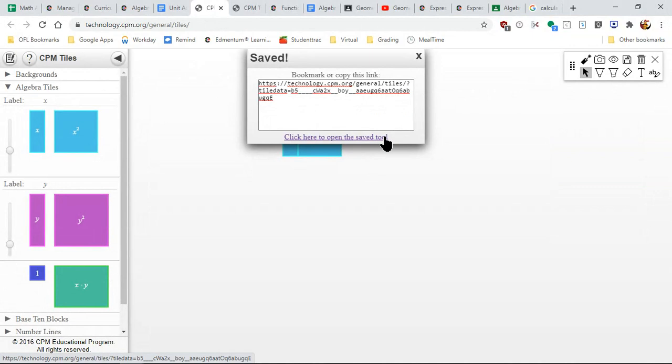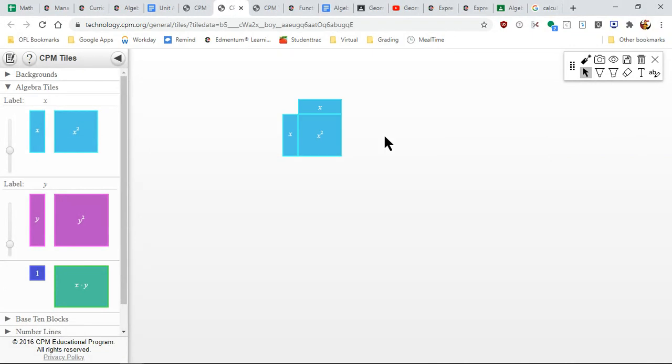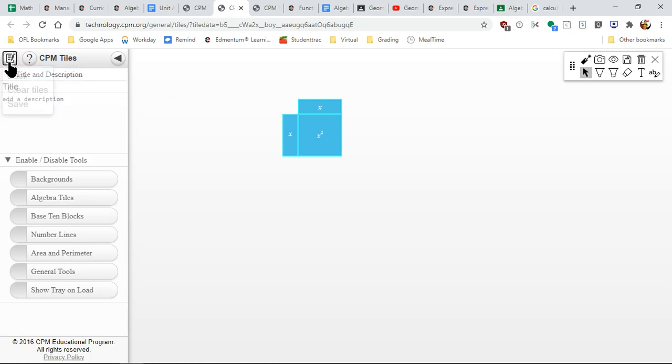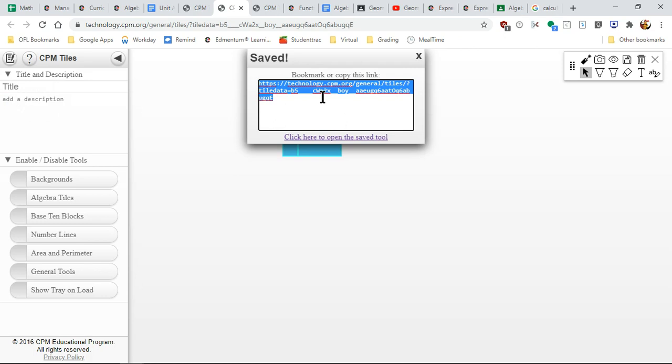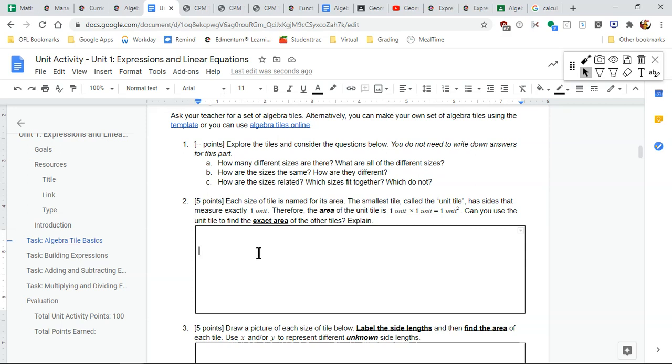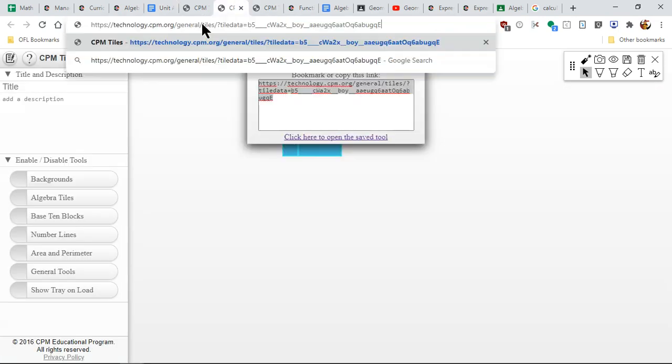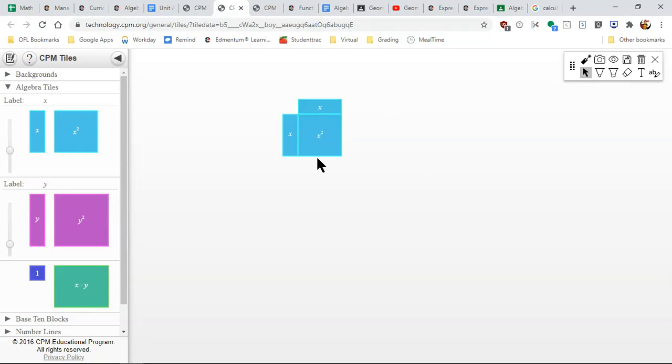Click here to open save tool. Did it save it? Control C. There we go. And then any teacher can grab this, paste it onto here, and it'll show your exact image. So that's a good way to save it.